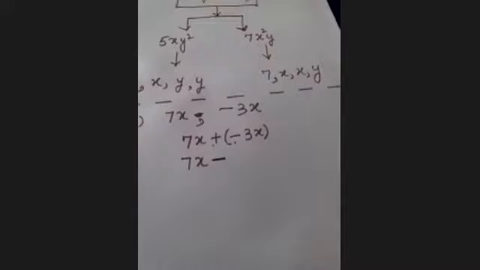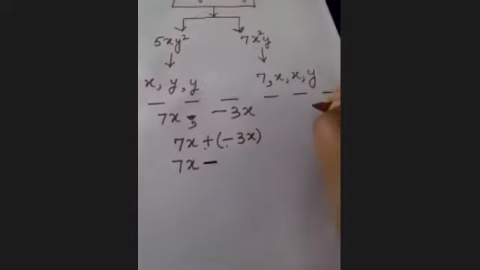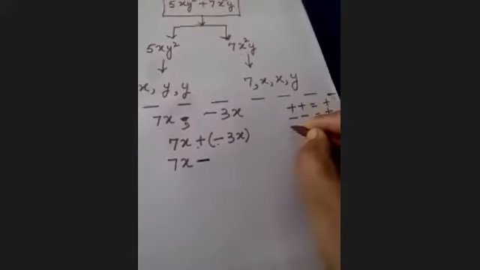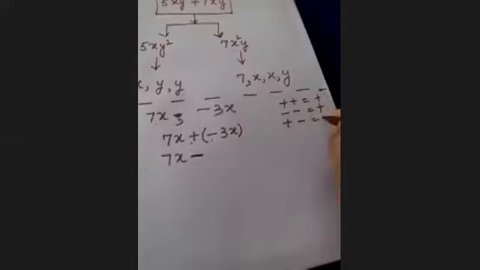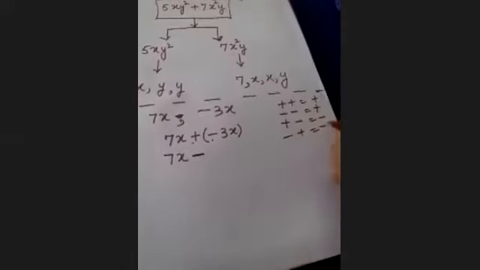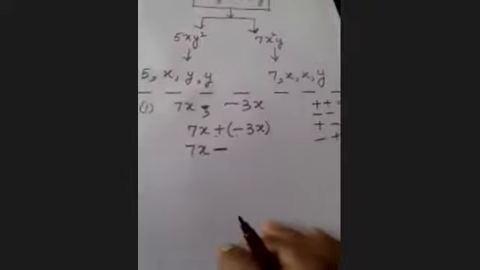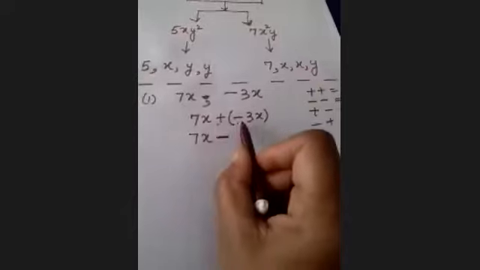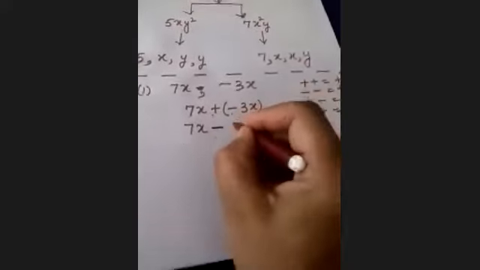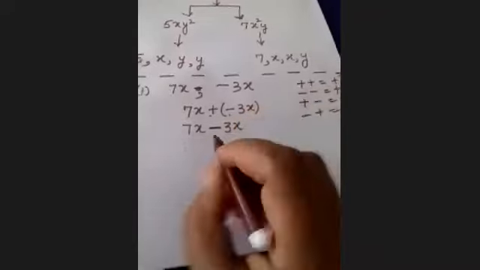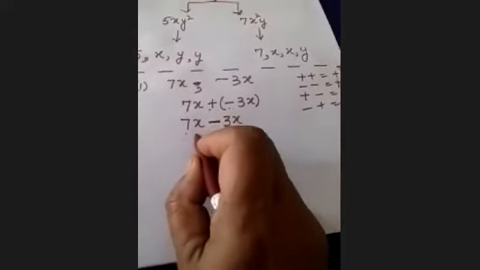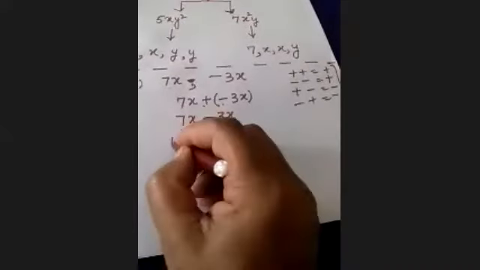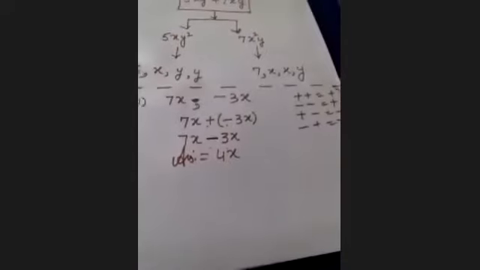The rules of integers: plus plus is plus, minus plus minus is plus, plus minus is minus, and minus minus is plus. These four rules we'll use. First 7x as it is, then plus minus, then 3x. Now 7x minus 3x, we have 4x. So our answer is 4x.